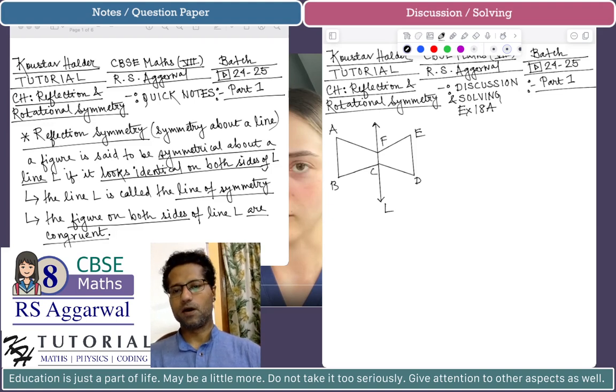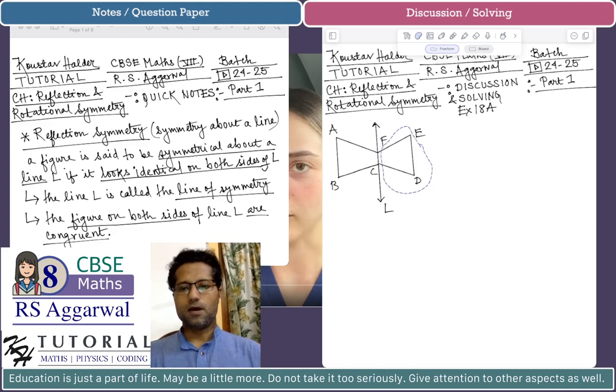Now, what does it mean that this figure A, B, C, D, E, F is symmetrical about the line L? It looks identical on both sides of the line L. On the right hand side of the line L you see this figure, and on the left hand side you see this figure.